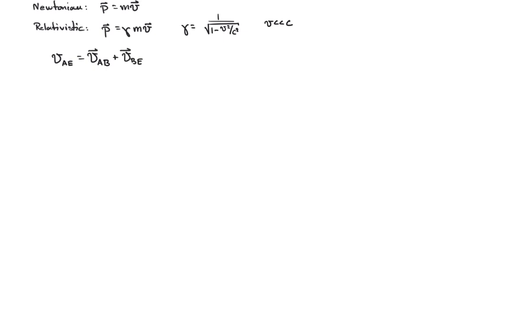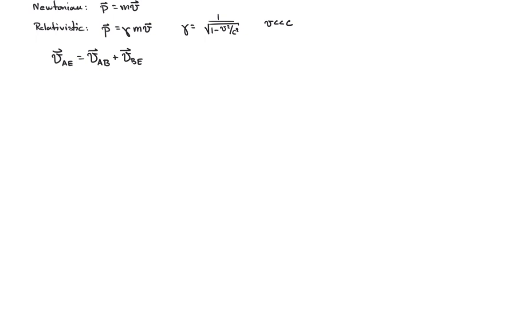And these are vector equations. So this is what we learned in physics 1 for relative velocities. But now it turns out if these speeds are at or near the speed of light, again, we need to modify our relative velocity equations.